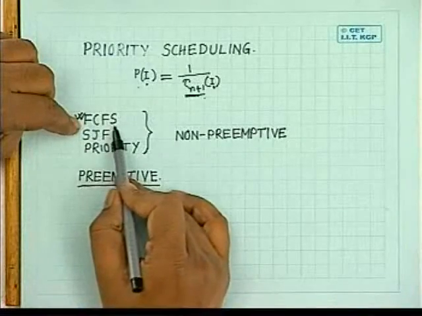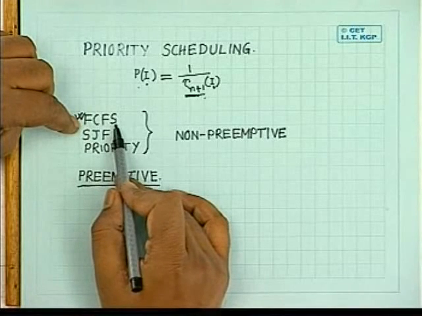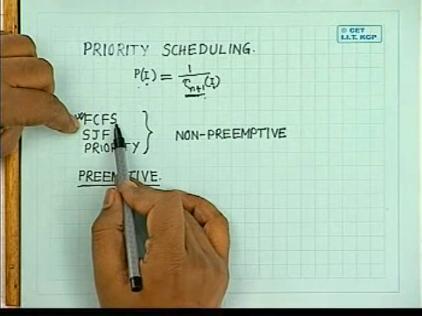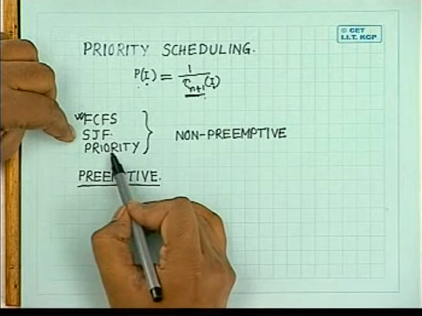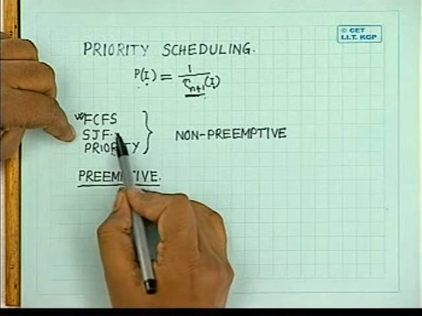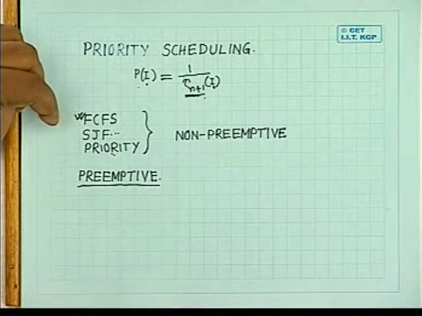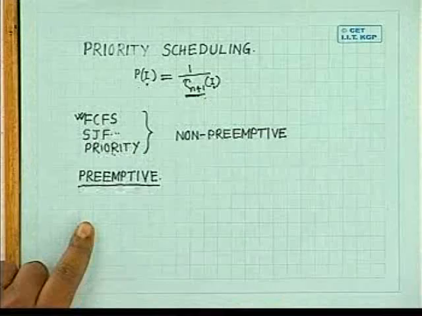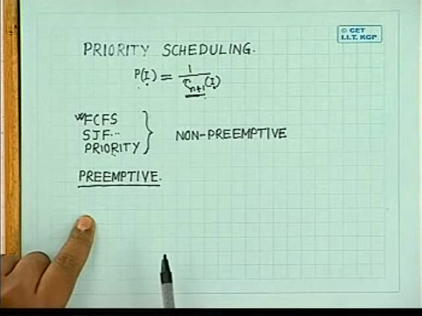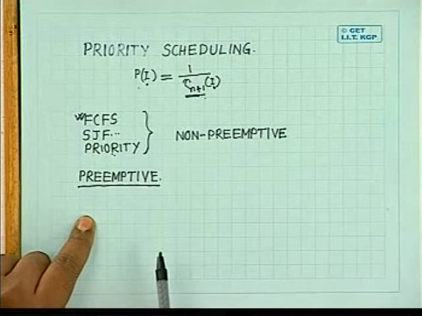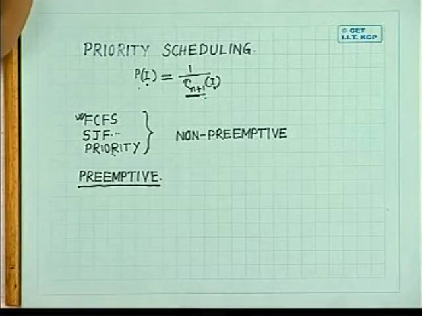So naturally, first come first serve CPU scheduling cannot be preemptive. Whereas the other two, shortest job first and priority scheduling, can be modified to get preemptive CPU scheduling. So how can that be done?